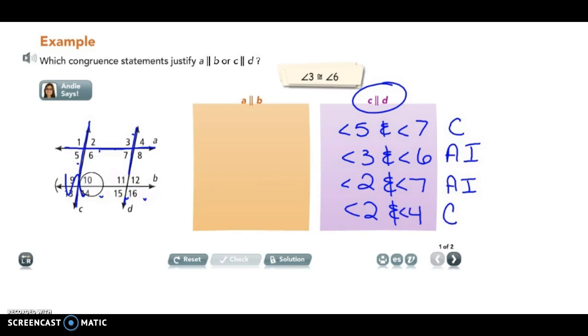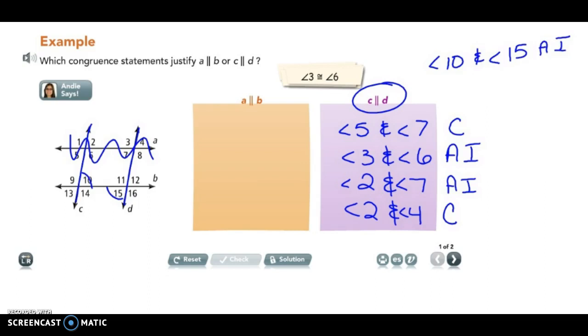So now let's look. If we have C and D, and we ignored the top transversal, then we could take a look and we could say angle 10 is alternate interior angles to angle 15.